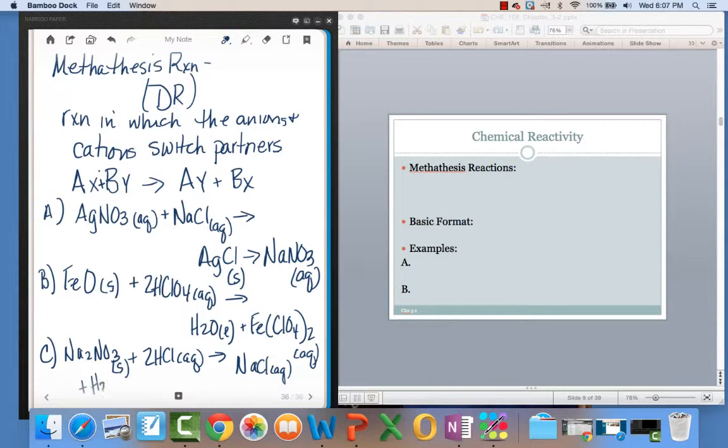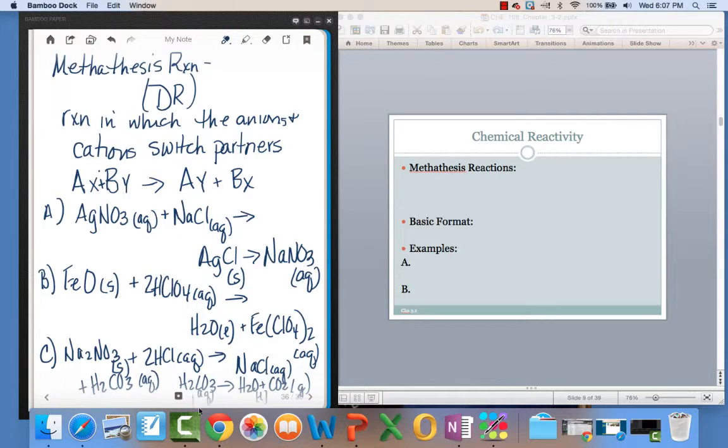Plus H2CO3, aqueous. And then what happens is the H2CO3 further breaks down into H2O and CO2 gas. Gas, liquid, aqueous.